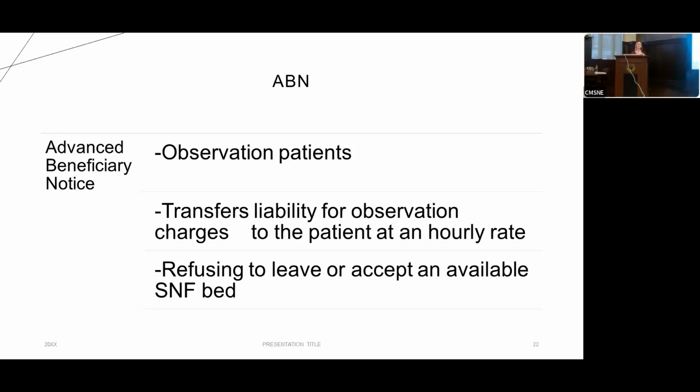And the hourly rate is going to be particular to your own facility and how you would charge Medicare for that. So you can say, you can stay here, but it's going to cost you $200 an hour for the next, however many hours you stay in the hospital. And very often when they hear that, they say, okay, I will call my daughter and go home.